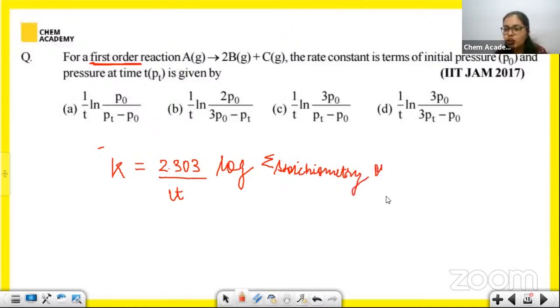Summation of stoichiometry of products minus reactants into P0.